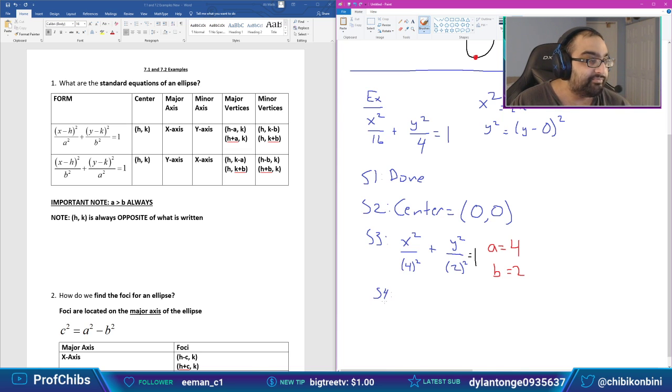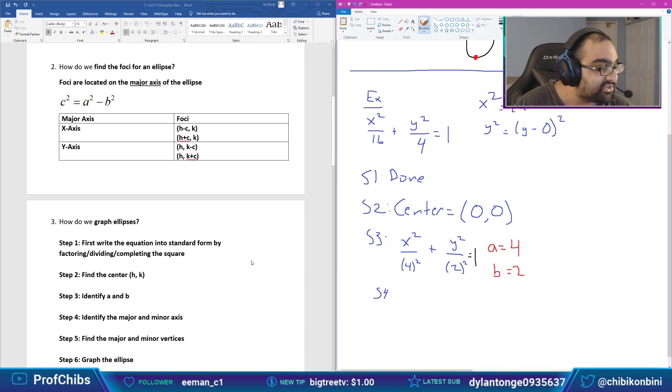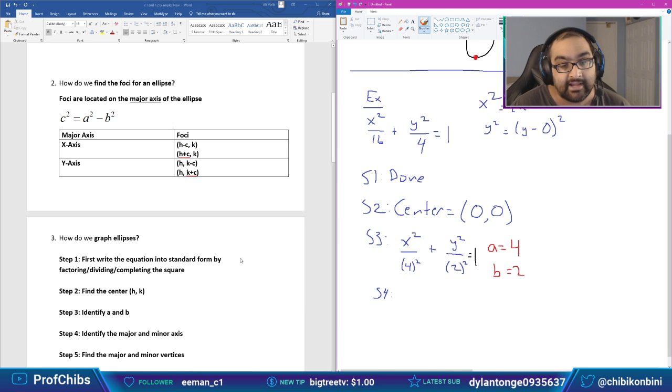All right. So let's move to step 4 here. Step 4 says identify the major and minor axes. Now, I always ask you to identify the major and minor axes so that way you have a clear picture in your mind about what the expected answer is going to be at the end of the problem. All right, so let's identify the major and minor axes here. It's actually easier than you think.